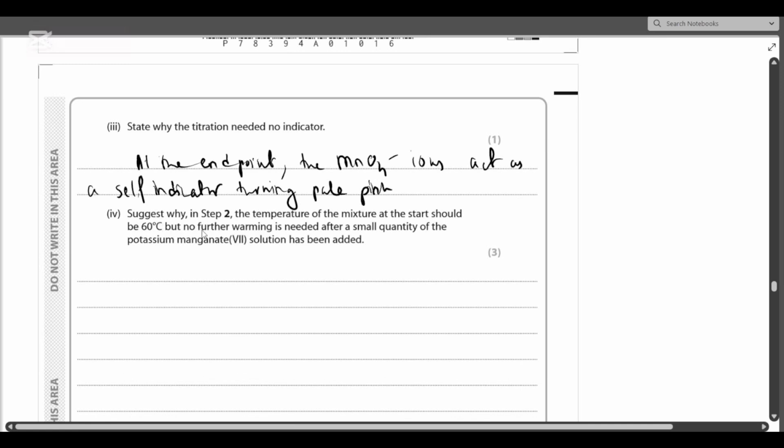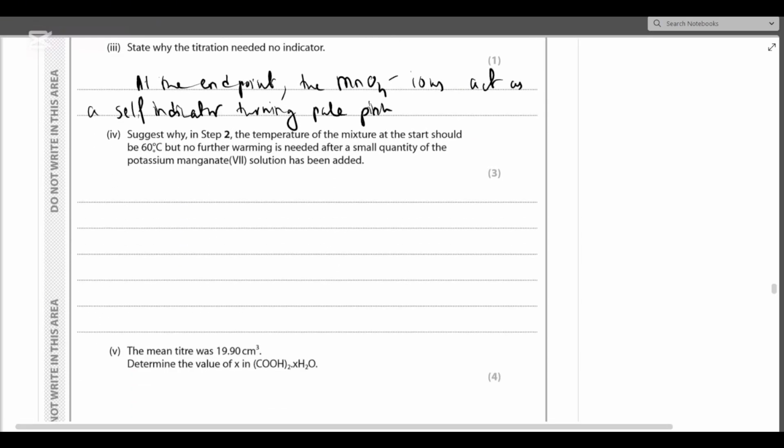Okay, now suggest why in step 2 the temperature of the mixture at the start should be 60 degrees, but no further warming is needed after a small quantity of potassium manganate(VII) solution has been added. At the start it should be 60 degrees, and the only logical reason is that for reactions which have high activation energy, more heat energy is required. So in this case, a higher temperature will be required.